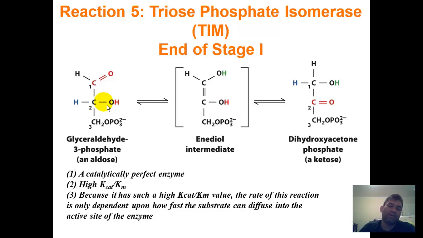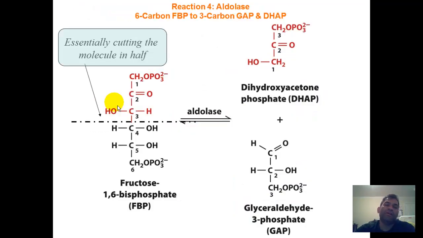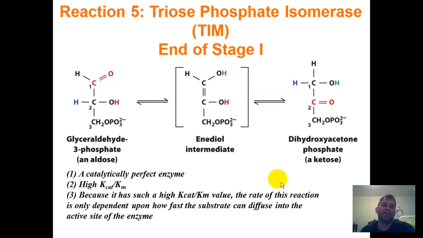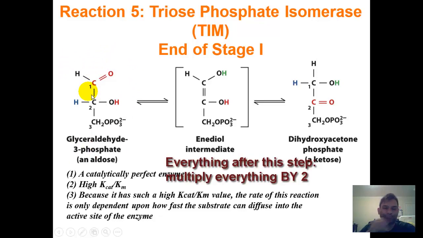So if I were to go back a couple of slides here, you see aldolase makes glyceraldehyde 3-phosphate and dihydroxyacetone phosphate. The fifth enzyme, triose phosphate isomerase, is going to convert that dihydroxyacetone phosphate to another molecule of glyceraldehyde 3-phosphate. So thanks to the fifth enzyme, triose phosphate isomerase, from here on out, you're going to have 2 glyceraldehyde 3-phosphates.